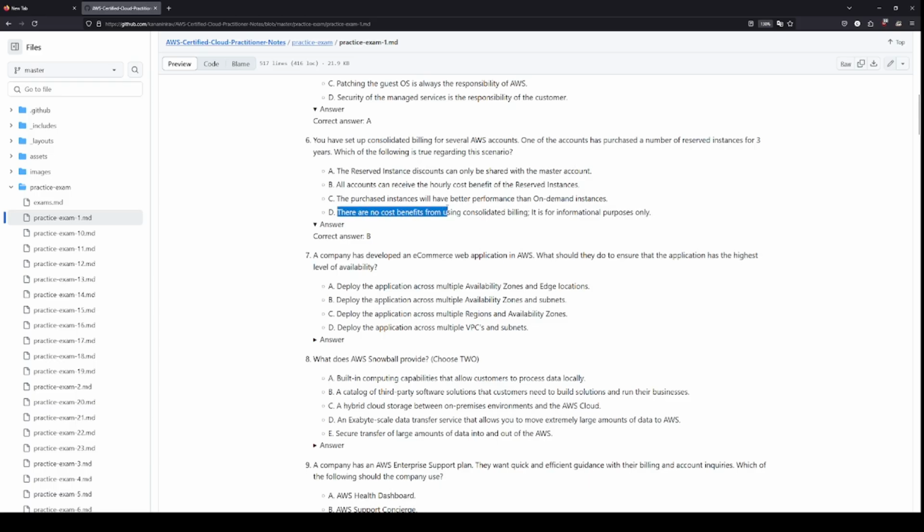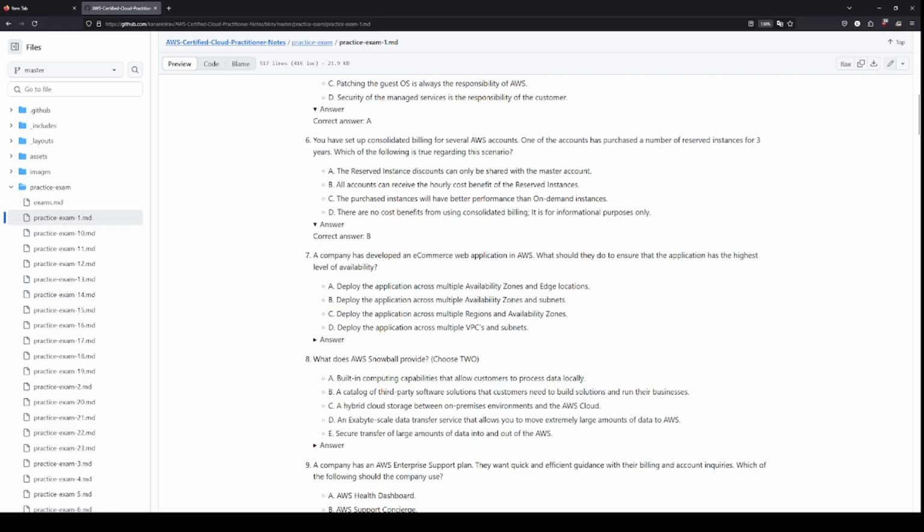Because once you understand that the AWS certificate, the Cloud Practitioner certificate, is, I almost want to say, a marketing cert. So you understand all the technologies, but it's more focused on marketing it towards you and getting you to market it towards other people, like to other businesses and stuff.